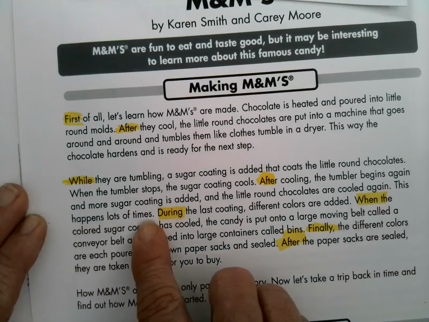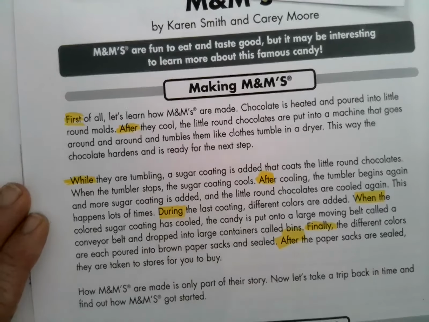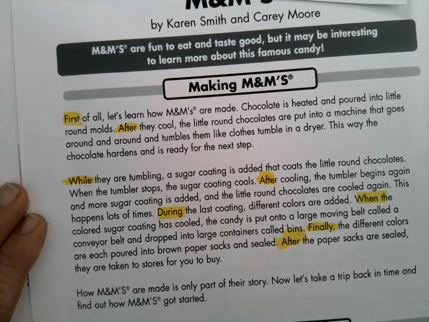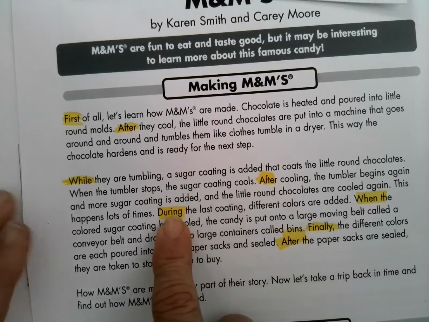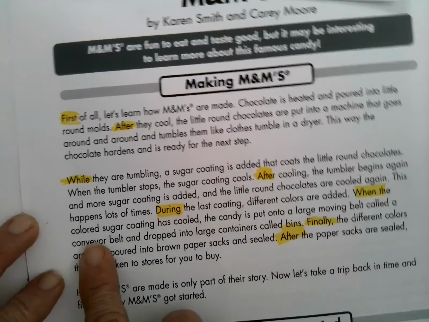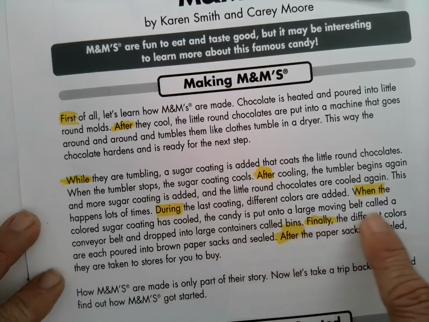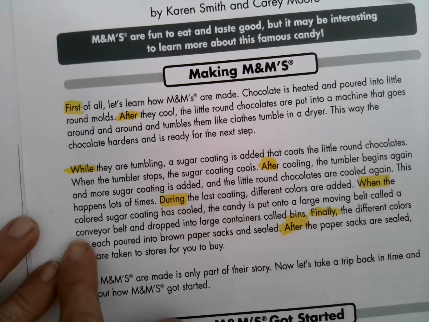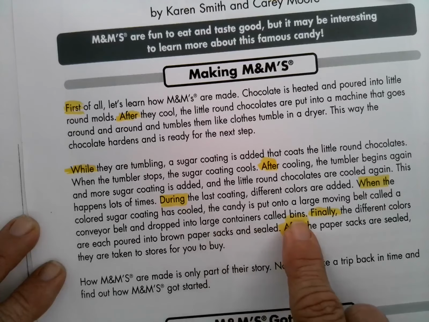This happens lots of times. So they tumble and they cool, and they tumble and they cool, and more sugar is added each time. See, while, after, during. When the color sugar coating has cooled, the candy is put onto a large moving belt called a conveyor belt and dropped into little containers called bins.